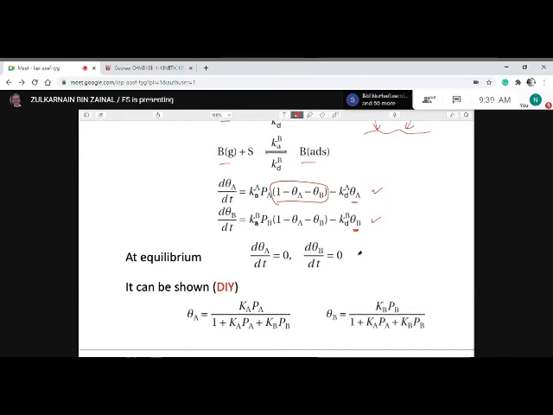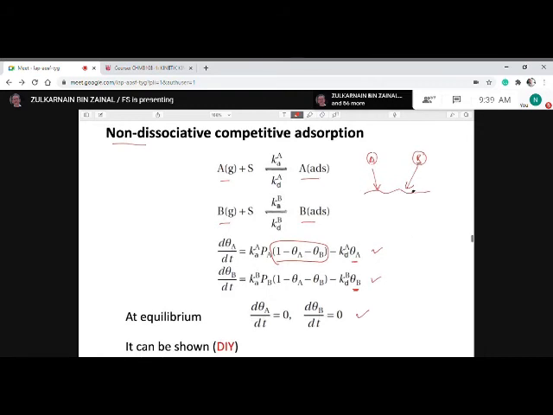And at equilibrium again, both rates will be the same, since we are considering only the adsorption. There is no reaction between A and B yet, only the adsorption.